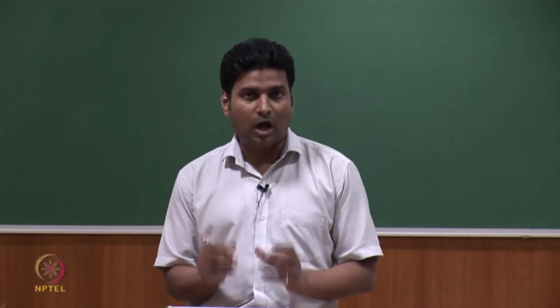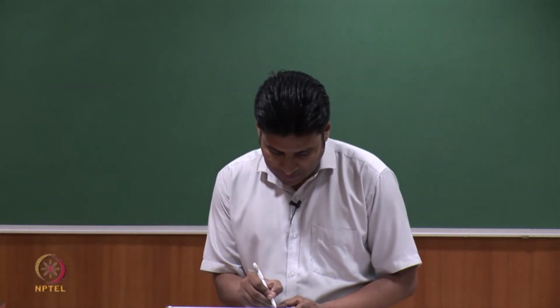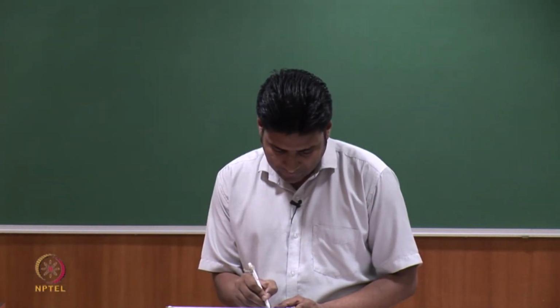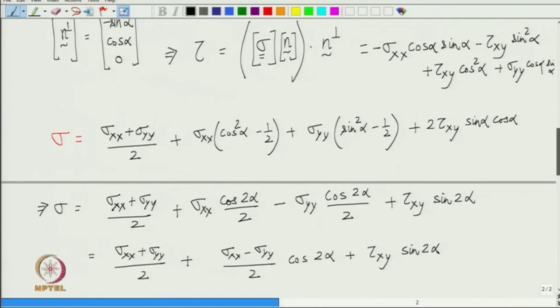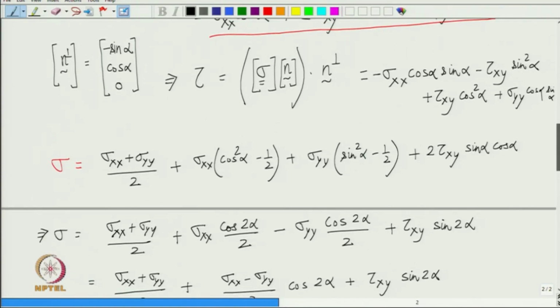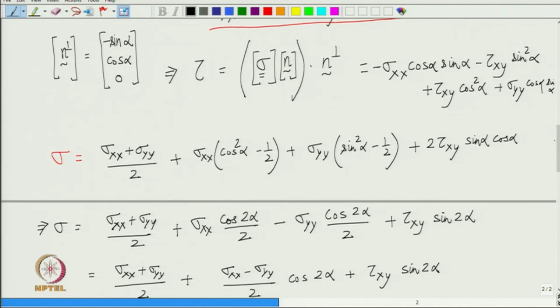Likewise, you can work with tau also, the expression for the shear component tau. See, you have to look at the expression, you have minus sigma x x cos alpha sin alpha. So, cos alpha sin alpha is what? Sin 2 alpha by 2, is not it? Similarly, sigma y y cos alpha sin alpha, that sin 2 alpha by 2. For tau x y, you have cos square alpha minus sin square alpha, that is simply cos 2 alpha, all right.